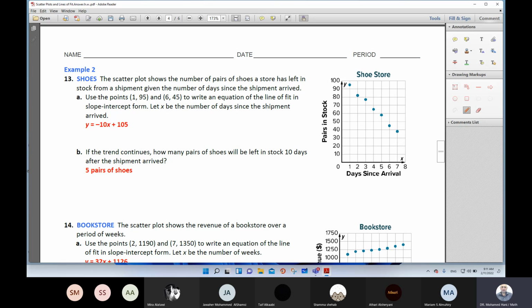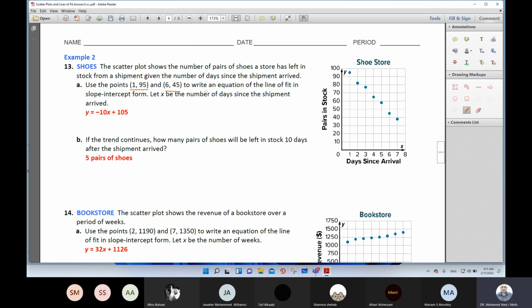Use the points (1, 95) and (6, 45) to write an equation of the line of fit in slope-intercept form. Let x be the number of days since the shipment arrived. From this graph, as you see, the relation will be negative. So we want to write the equation.